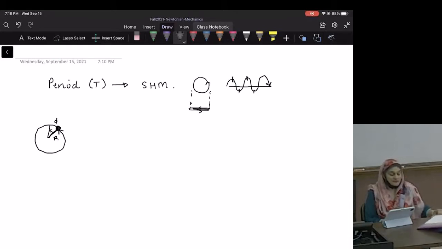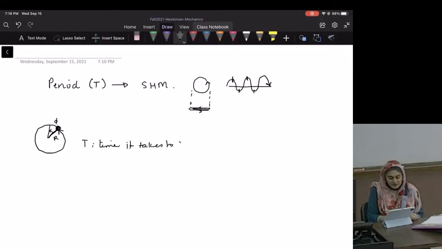The period of this system is the time that it takes to complete how many degrees? 360, or 2 pi, right? So the period is the time it takes to complete one revolution, which is 360 degrees or 2 pi radians.